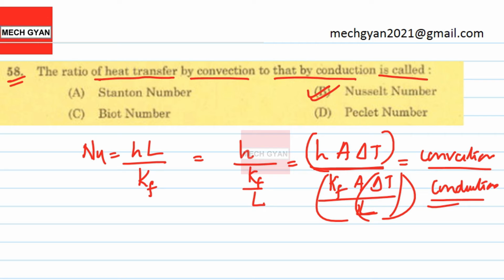This is Newton's law of cooling, and this is Fourier's law of heat conduction. So the ratio of heat transfer by convection to that by conduction in a fluid is called Nusselt number.